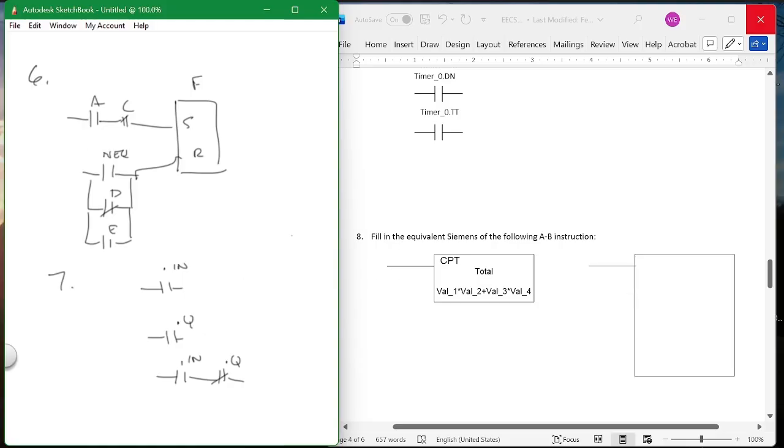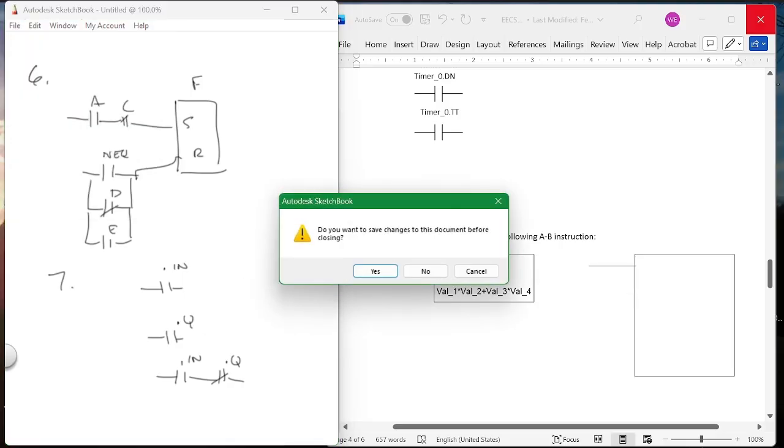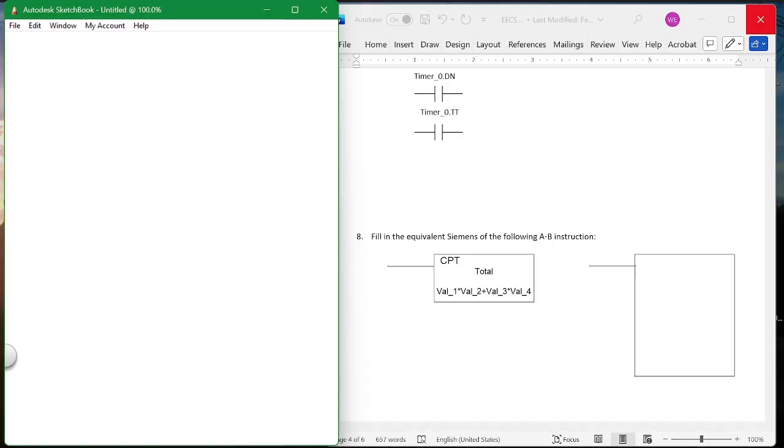And number 8, same thing. So here, instead of compute, it's a calc block. And instead of these values, the values come in from outside, and there's 4 of them. They are val 1, val 2, val 3, and val 4.